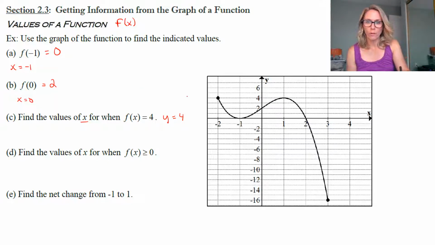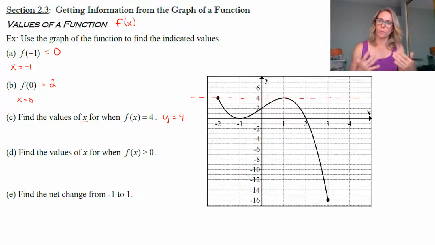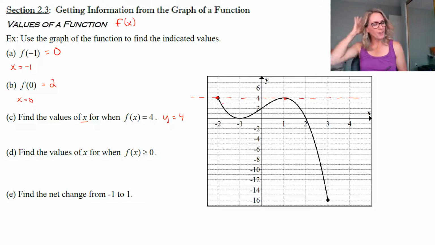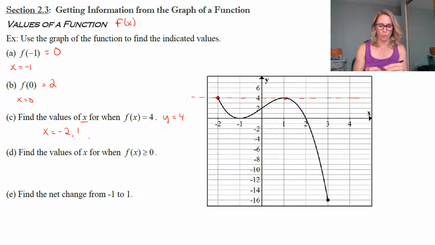You don't have to draw this, but here is y being 4. Is there any place where we intersect with that? We can see that it happens up here and over here. Hopefully you can see that that's when x is -2 and when x is 1. So those are the x values for which y equals 4.